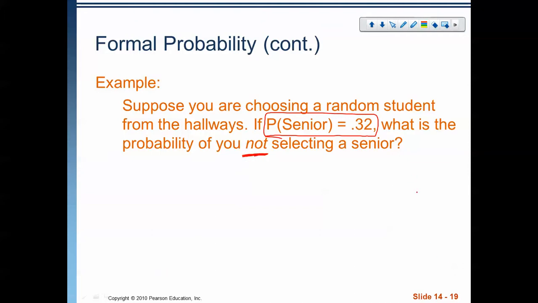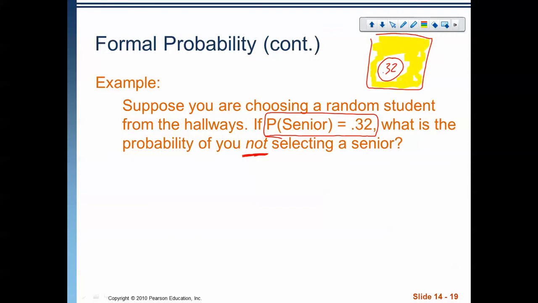So just as a quick picture, here's our big sample space. This is the event of choosing a senior, so that's 0.32, and the space that we are looking for is all of this stuff on the outside that is not a senior.